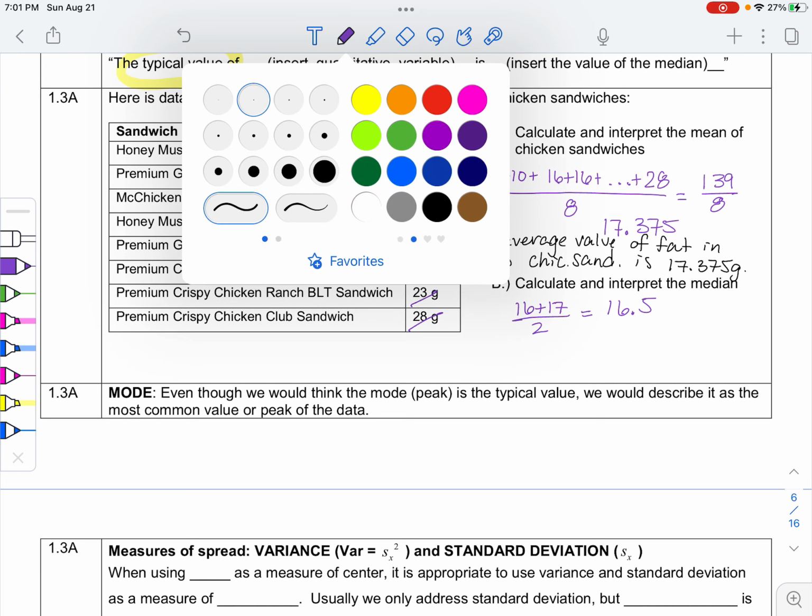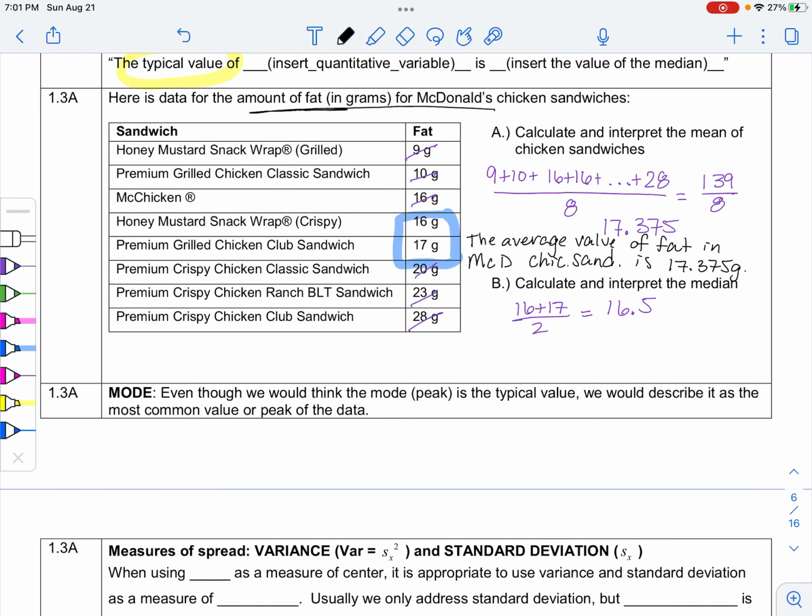Again, in context, we would use that sentence above: the typical value of fat in McDonald's chicken sandwiches is 16.5 grams. Make sure you answer in context.